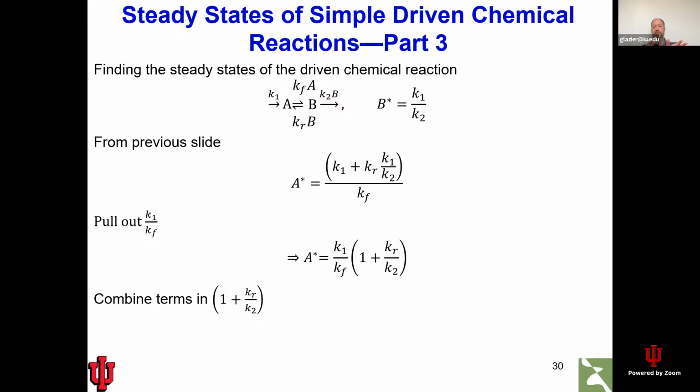I pour stuff A in and I get rid of it right away. And so if KF is large, I don't wind up with much A. If KR is big, then the time it takes to go from A to B and then disappear is longer. And so if KR is big, I wind up with more A.